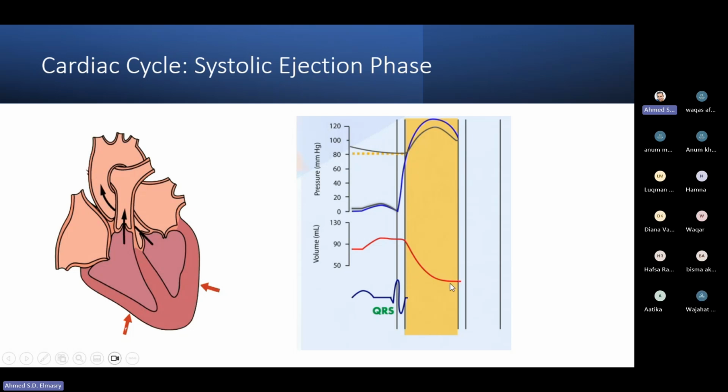So this is the end systolic volume. This is the volume inside the left ventricle at the end of the systole. And here, the maximum pressure is the peak systolic pressure at the ejection systolic phase.